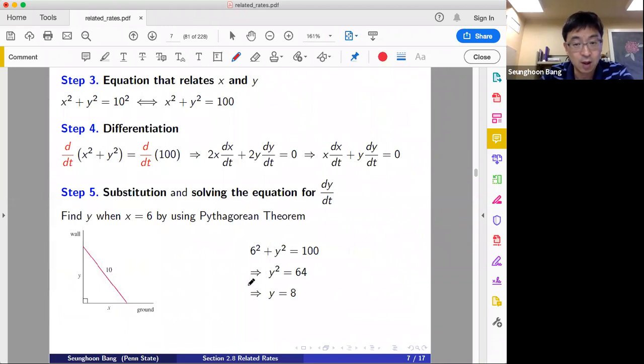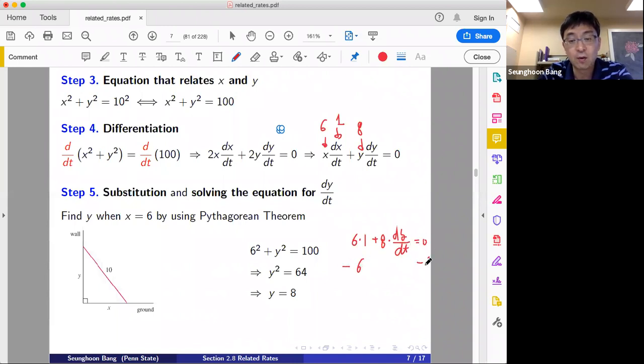Next, you can plug in here. From the previous step, x is 6, dx over dt is 1, and y is 8. So we have 6 times 1 plus 8 times dy over dt equals 0.